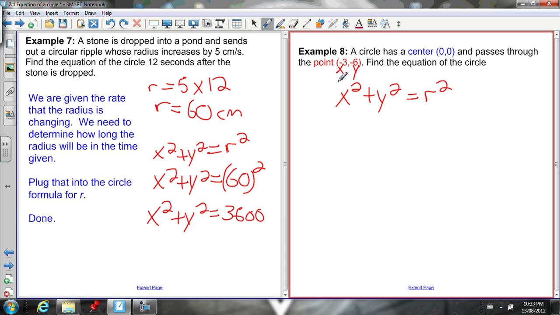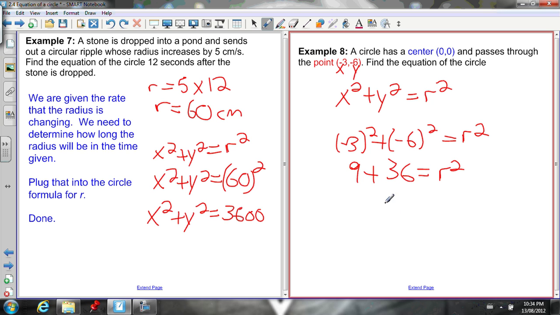Okay, so I plug in my negative 3, negative 6 in for x and y. I know that point is on the circle, and this equation satisfies every point on the circle. So I do negative 3 squared plus negative 6 squared. That gives me my radius squared. That gives me 9 plus 36 equals r squared. 9 plus 36 is 45.